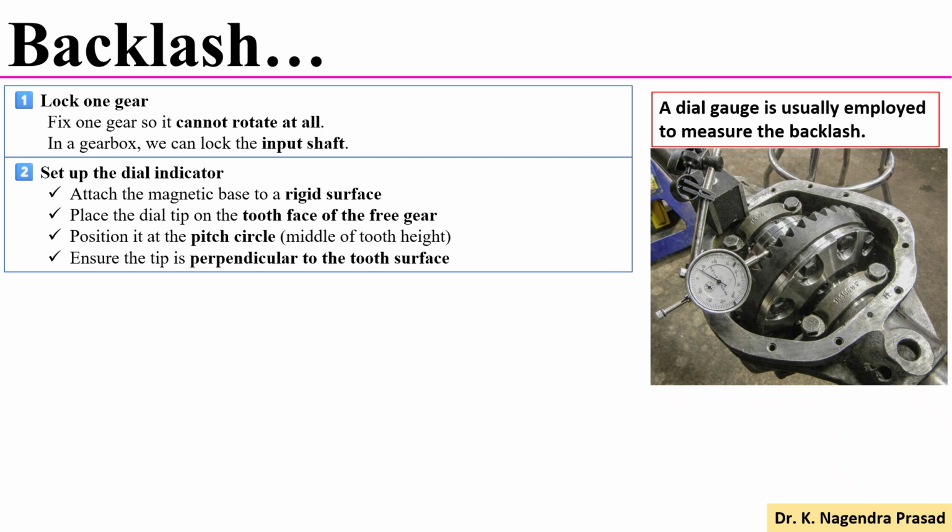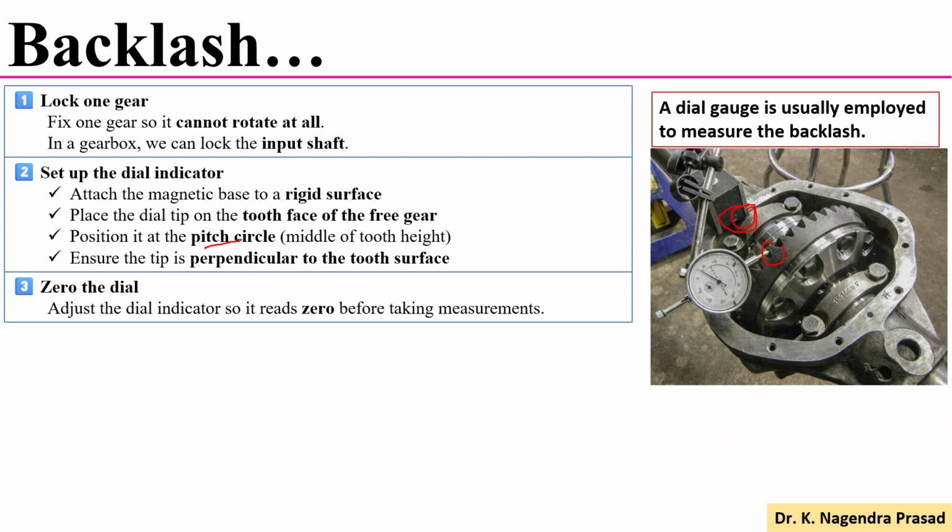Attach the magnetic base to a rigid surface and place the dial tip on the face of the free gear. Then position it at the pitch circle. Then ensure the tip is perpendicular to the tooth surface.